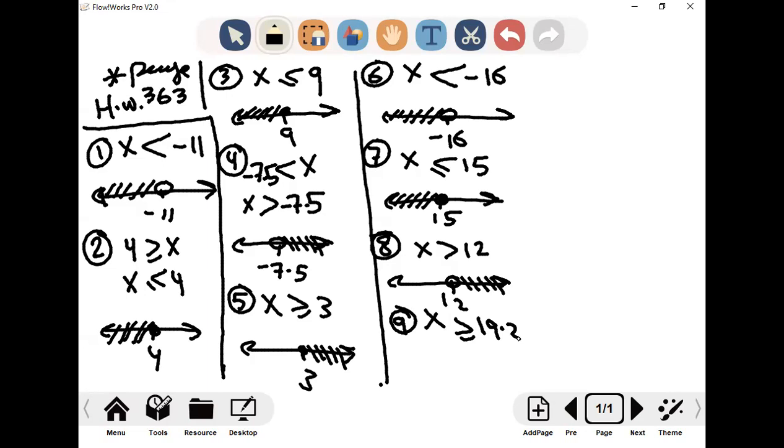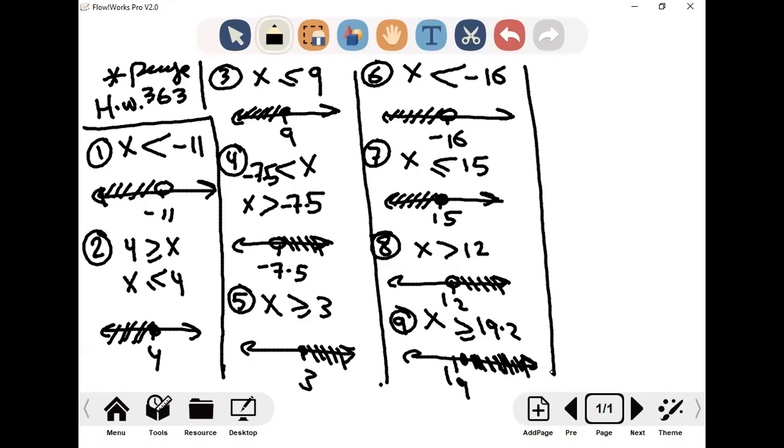You'll go to the 19 and the 20 at the half and go closer to 19, okay? Not on 19, but 19.2, and to the right. Okay, guys? This is question 9.